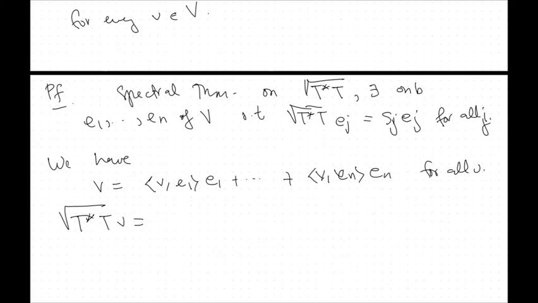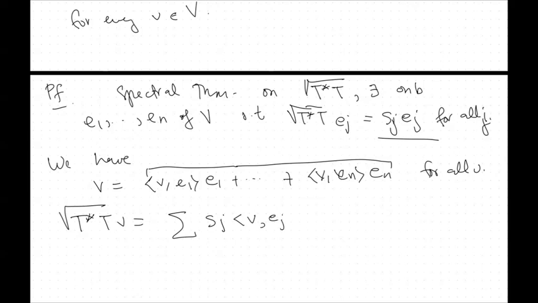You get this as a sum, s_j ⟨v, e_j⟩ e_j, j from 1 to n. This is for all v in the vector space.